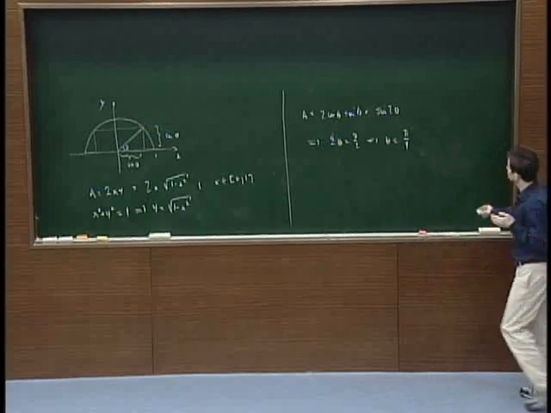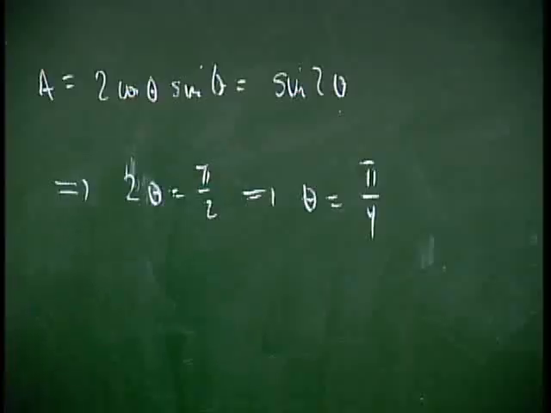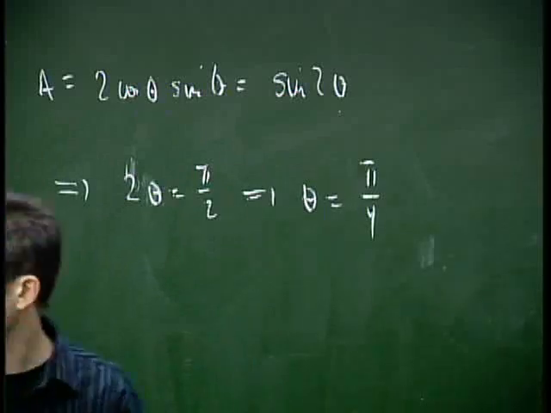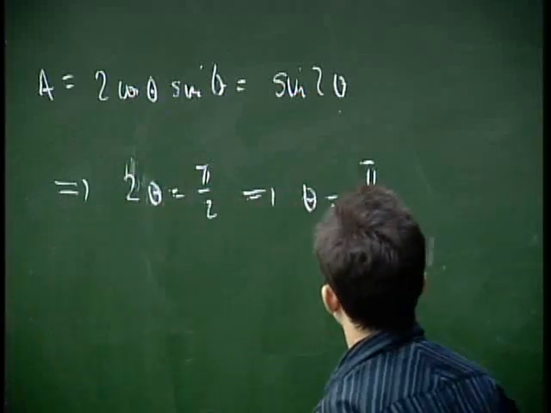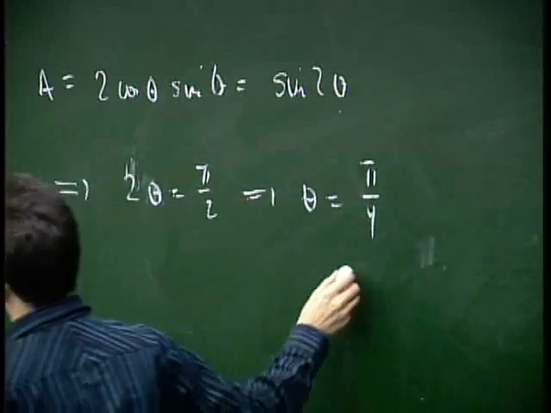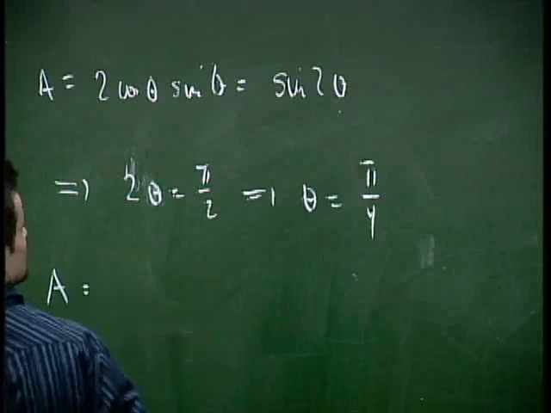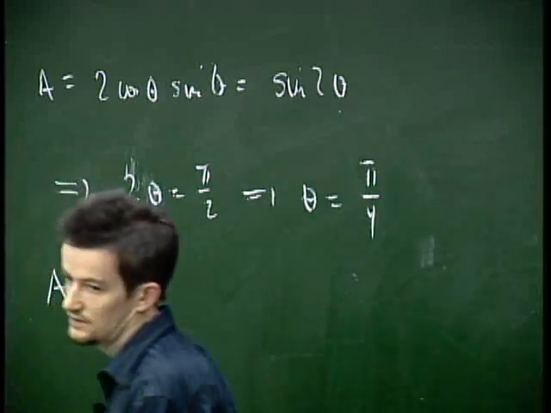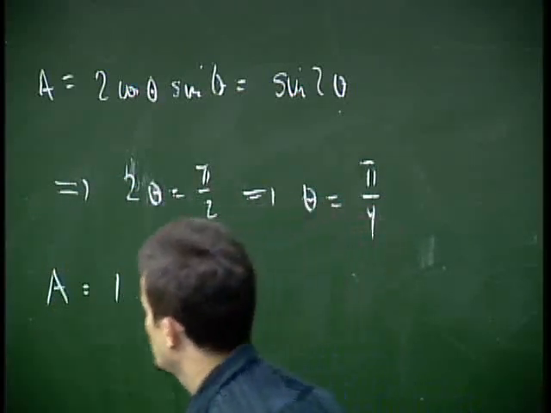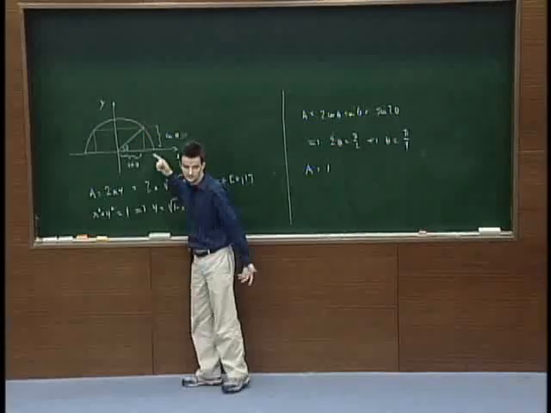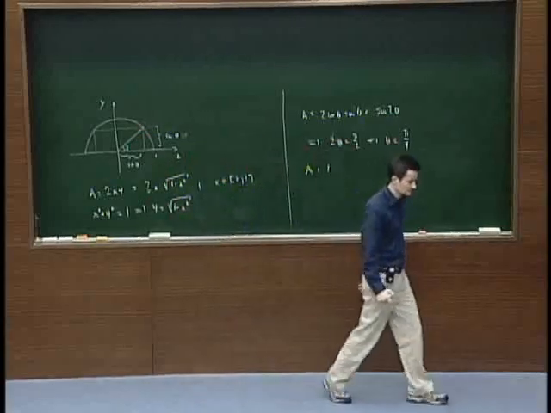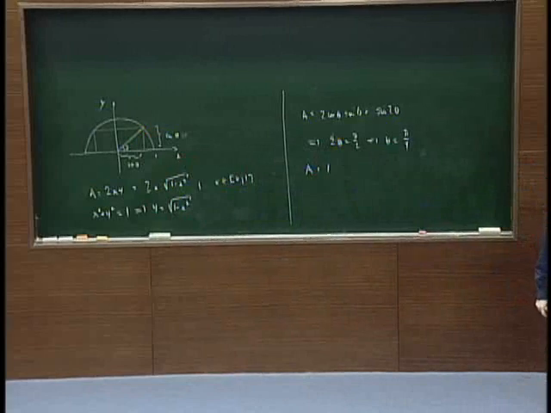So here you do not have to use differentiation, and now you easily get this dimension. So the sine of theta, so the maximal area must be equal to 1. Or for the general example where you have a general radius r, the maximal area is equal to r squared.